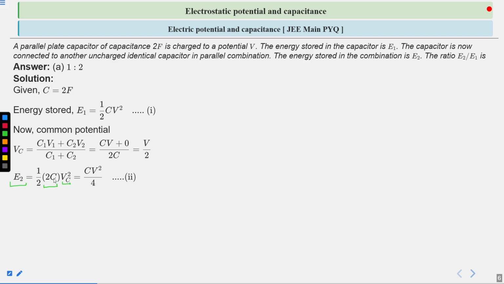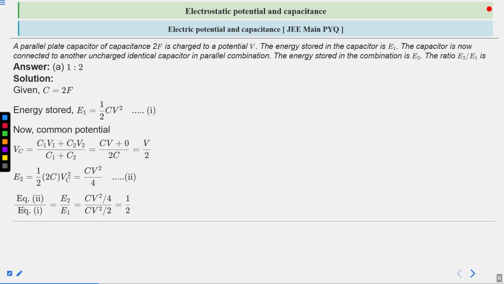With 2C, the 2 will get cancelled with 4, and after solving we get CV square by 4. Put it as equation 2. Now take the ratio E2 by E1, equation 2 by equation 1. After solving, you will get 1 by 2. So the ratio is 1:2.